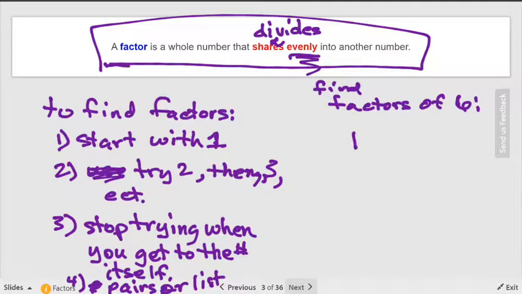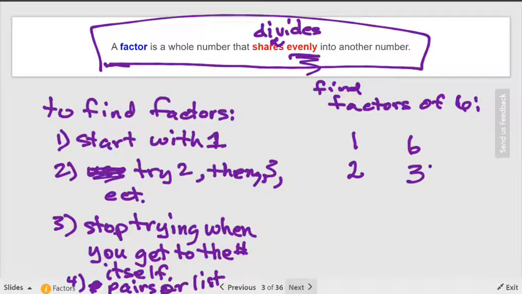Always start with 1. 6 divided by 1 is what? So see, 6 times 1, 6 and 1, they go together as a pair. Then I'm going to try what number? 2. Will 6 divide by 2? Yes. How many times? 6 divided by 2 is going to be 3, right?